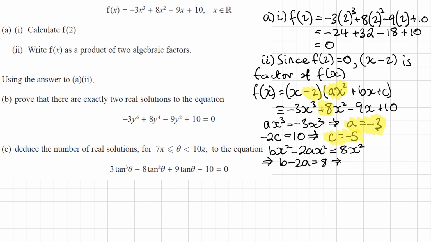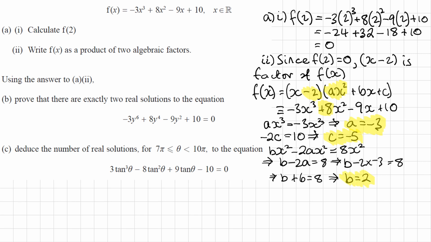Now I've already worked out a, and assuming it's correct, that's negative 3. So b minus 2 times by negative 3 is equal to 8. That gives b plus 6 is equal to 8. And then it follows on that b is equal to 2. So that's my third value.